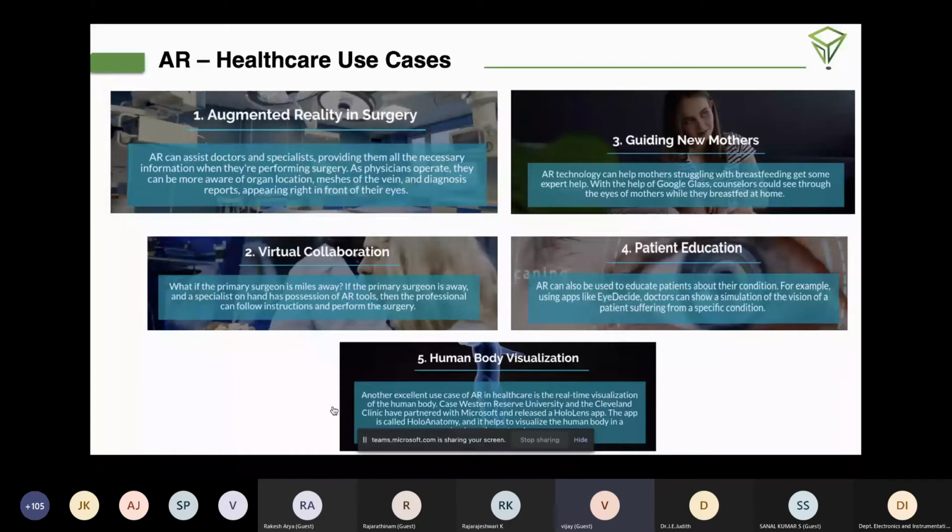Let me give you the low vision example that we talked about. We have been working with Shankar Nethralaya. Low vision has no cure. What that means is people, even though they are not blind, are in between. That means they can't see things clearly.